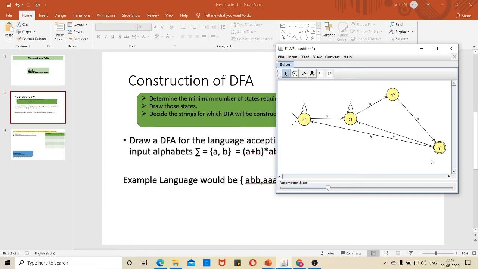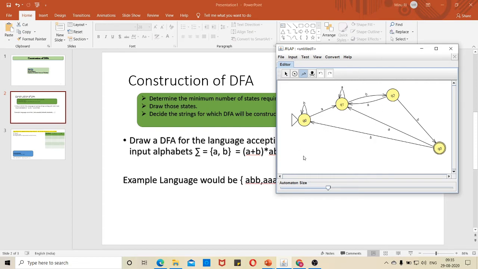So, now even if I am getting A over there, this is fine. Now think of my string, I am getting A, B, B. So, here after A and B, in this particular state, if I am getting an A, then again I need to go back and check whether I am getting a B. In this state also, if I am getting an A, I will be going back and check whether I am getting BB.